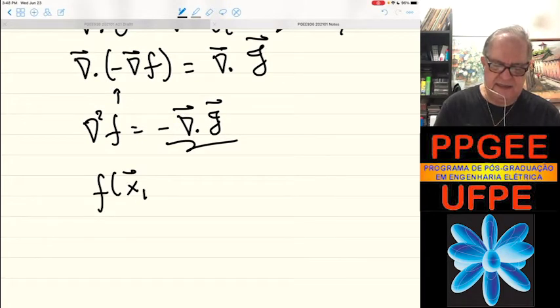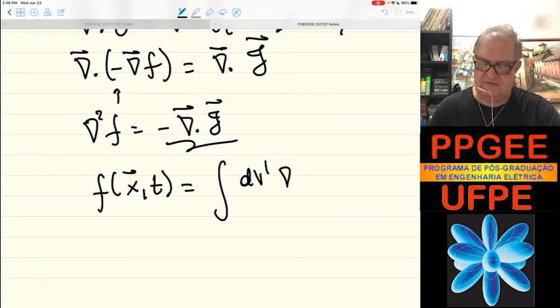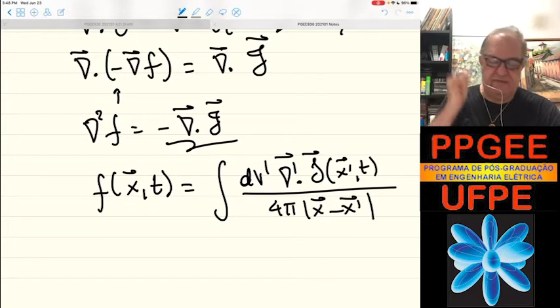F at point x, time t, equals to integral of the divergence of J, calculated at the point x prime, divided by 4 pi times the distance between x and x prime. So I found f, right?